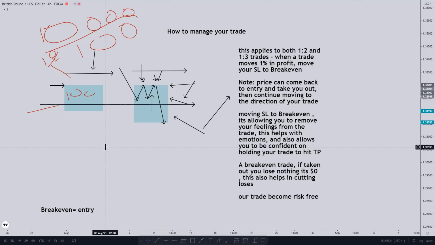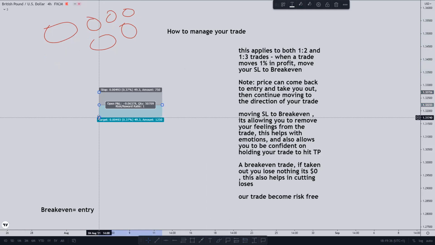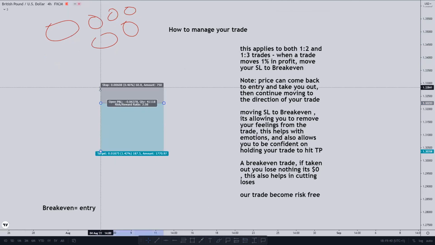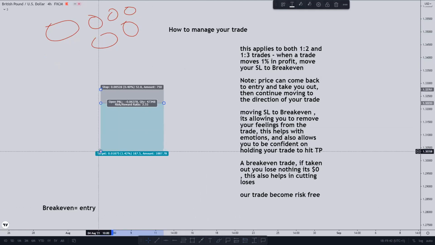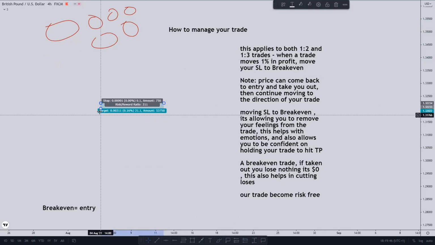Don't wait for the market to just move. Let me do another example here so that you guys can see this, because I know some of you will do this and you will be taken out a lot on break even. Let's say this is your trade, and your trade moves into profit this much, and then you're moving to break even.